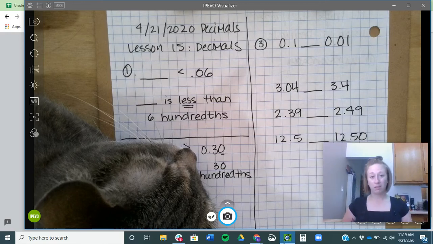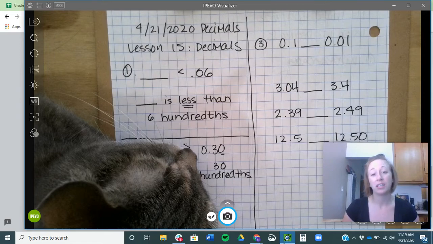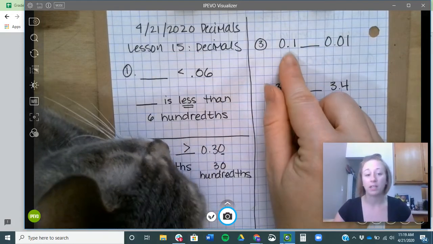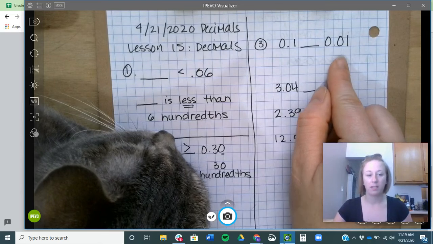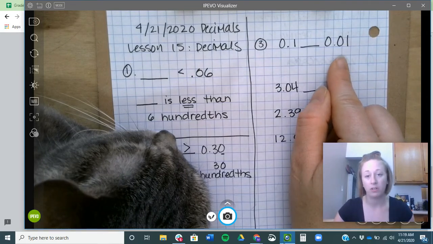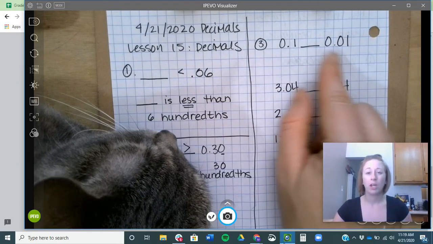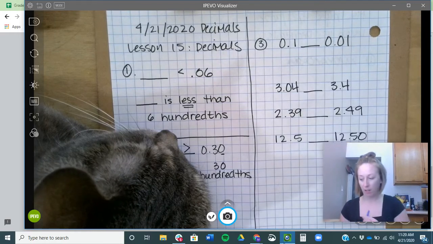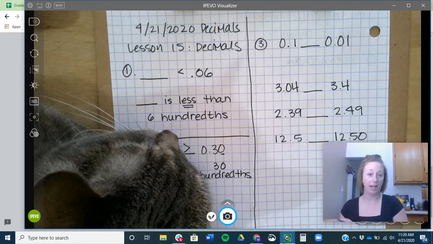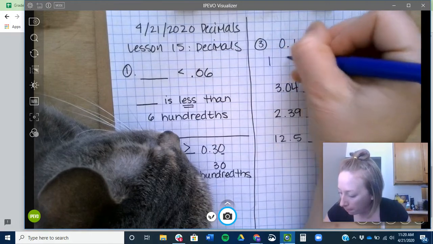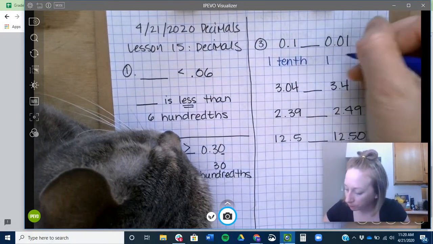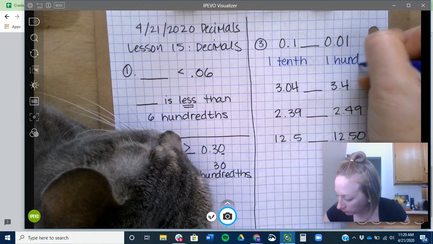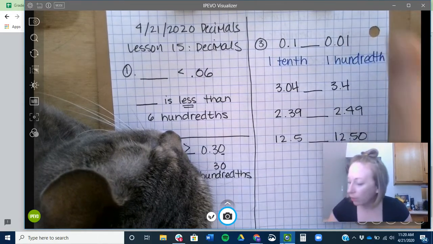The first one is pretty easy because we also talked about these numbers yesterday. The first value is 1/10, and the second value is 1/100th. If we go back and think about the value of this, if it were money, this is like saying 1 dime and 1 penny.